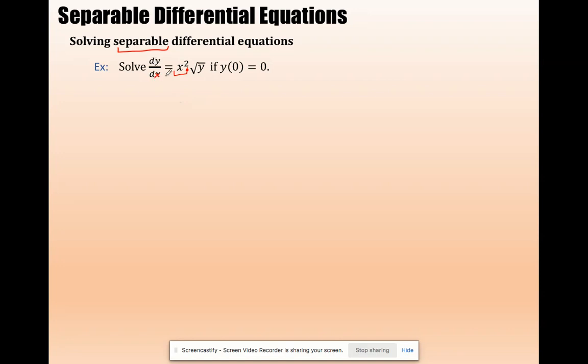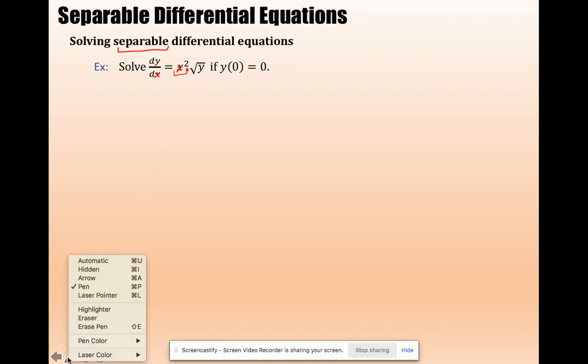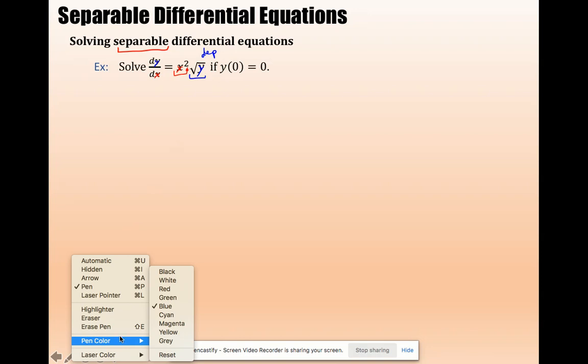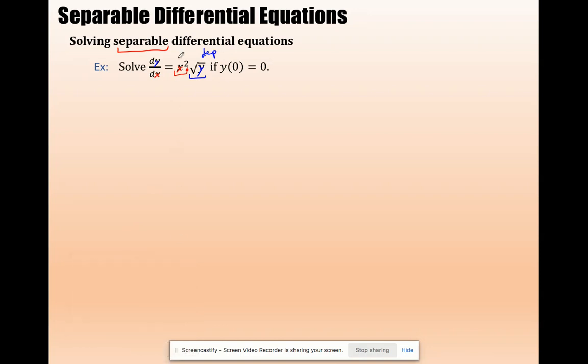I'm taking the derivative with respect to x, and there's x stuff, but it is being multiplied by a factor involving the dependent variable. So that's what makes it separable.